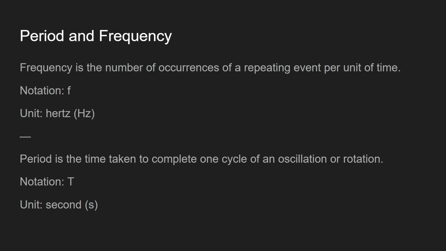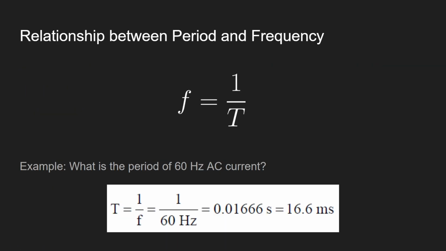If we are not talking about the frequency, we talk about the period. The period is how long it takes for the sine wave to finish one cycle. Actually, it is just the reciprocal. Frequency is the reciprocal of period, and period is the reciprocal of frequency.